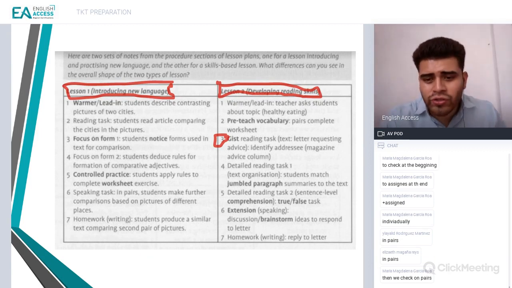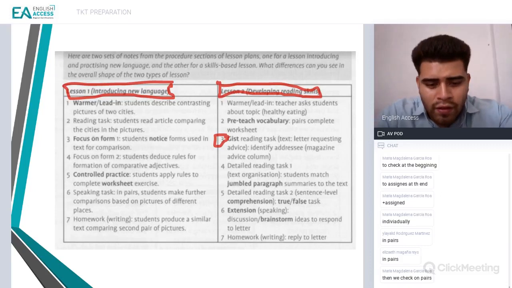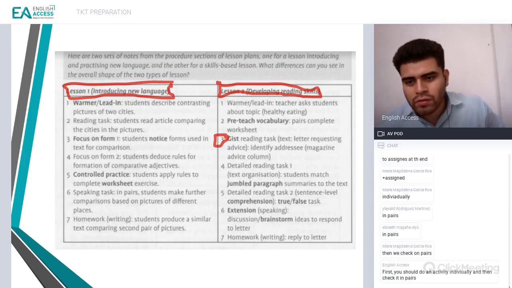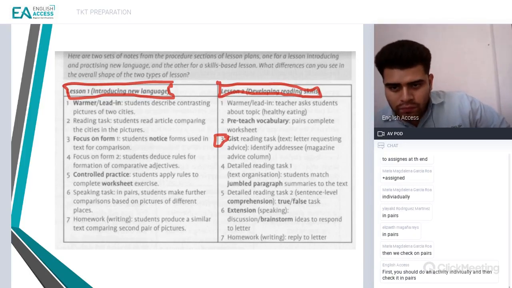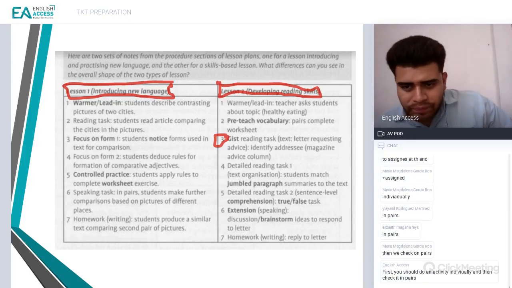Yes, first you should do an activity individually and then check it in pairs. Okay?